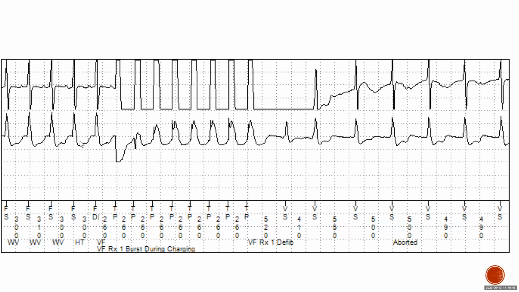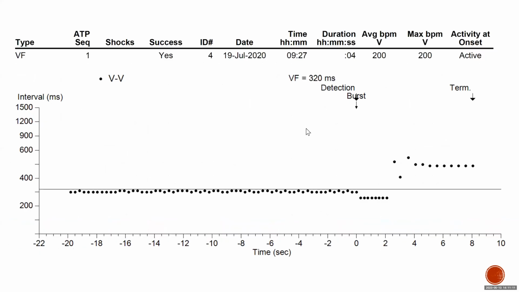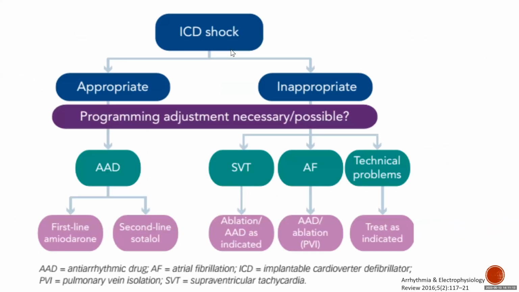So if the morphology is the same during tachycardia and sinus, what does that tell us about the tachycardia? Is it VT or SVT? Inappropriate, exactly. It's not VT, because why would the morphology be the same?